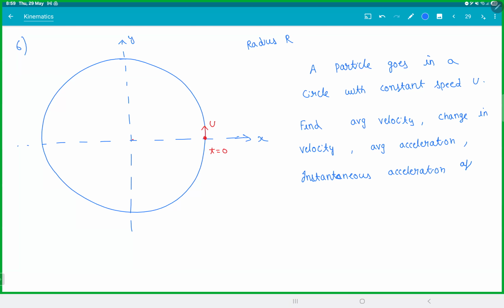After time t. 4 questions, everyone. So this guy is going in a circle. After time t, it will be somewhere here. At that point, find the average velocity, the change in velocity, the average acceleration, and the instantaneous acceleration.